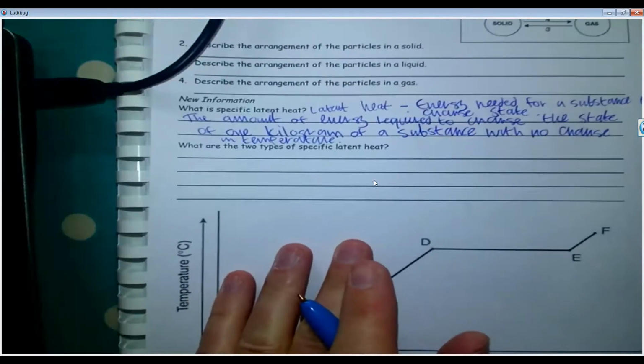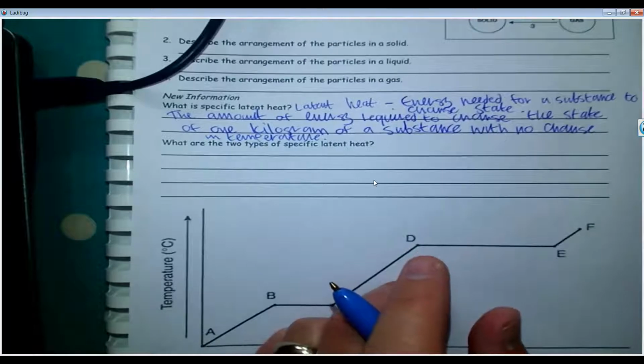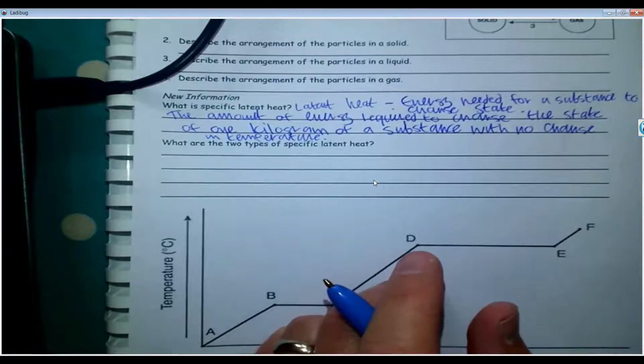So latent heat is the energy needed for a substance to change state, and specific latent heat is the amount of energy required to change the state of 1 kilogram of a substance with no change in temperature. So it's the latent heat for a specific amount of that substance.